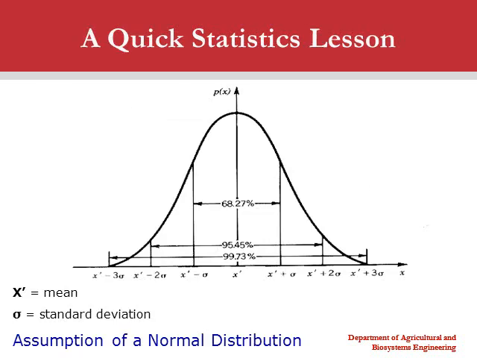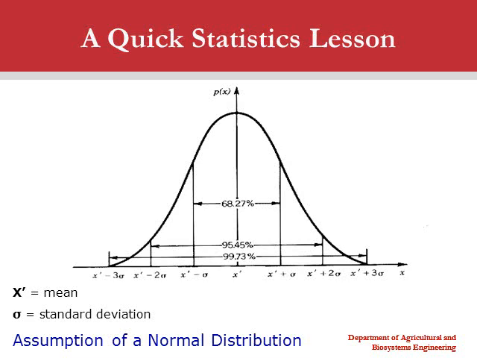Now, a quick reminder of some statistical lessons. If we have a set of data, like GPS error, and it's normally distributed around some mean, then we would expect that from that mean, if we offset ourselves one standard deviation positive or one standard deviation negative, we should have 68% of the data points lie within that range.